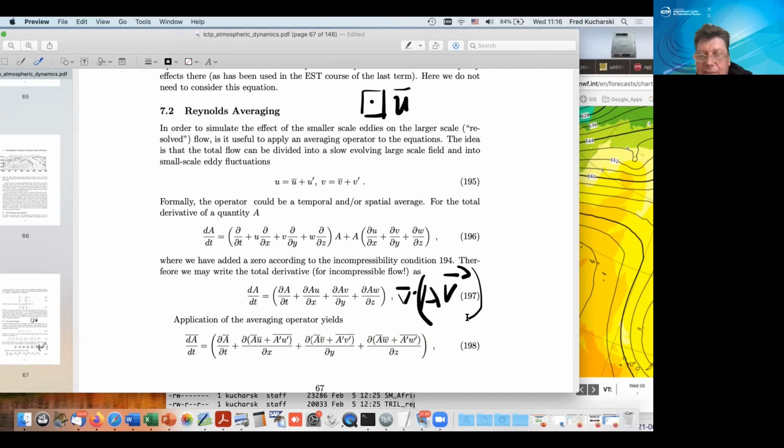By the way, in this case, we have made use of this. The Reynolds averaging is based on the assumption that we have this three-dimensional divergence, which is approximately zero. So we can use this trick here to derive the flux form in this way.